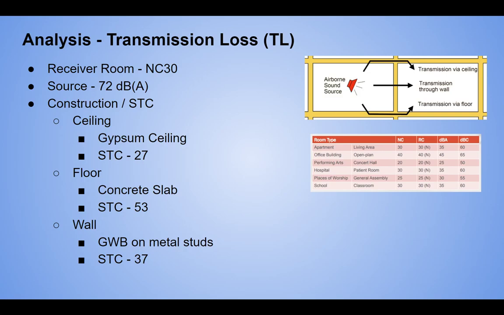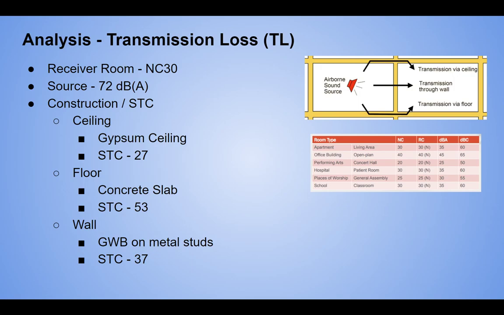So if we have a receiver room and we're doing NC30, which is a living area, could be a patient room or a classroom, really your basic room that we're trying to meet here. Our source is 72 dBA. We can use that, thinking of it as an acuity to our hearing, and it might be the only objective level that we have.